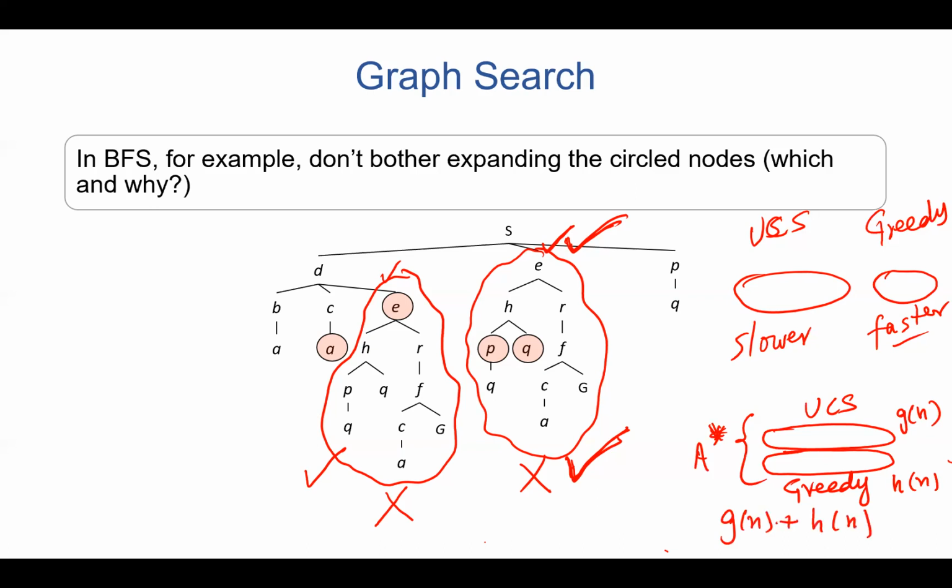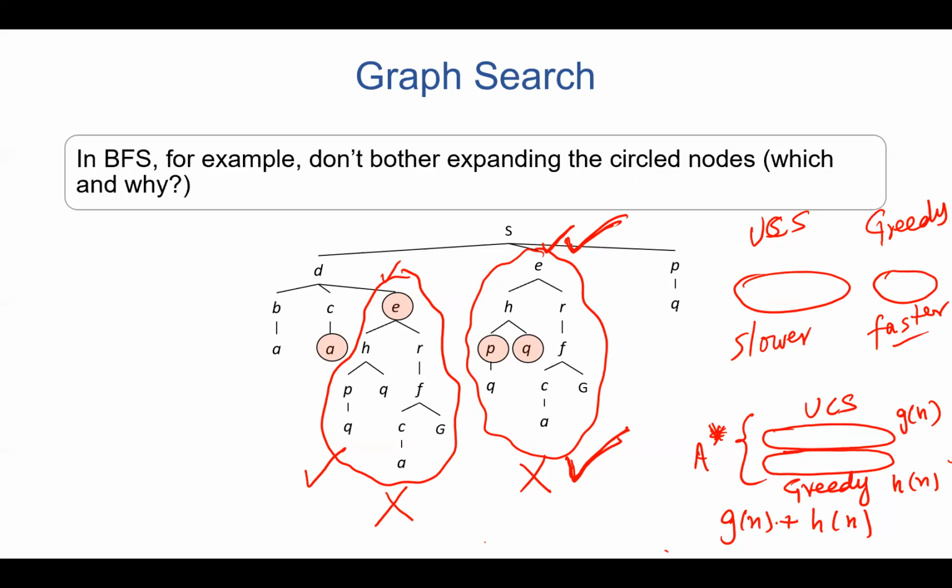But here, with only g of n, we will find out this e is better. But what if we have the heuristic? Now, how will we find out that this e is better to expand instead of this, or this one is better than this?